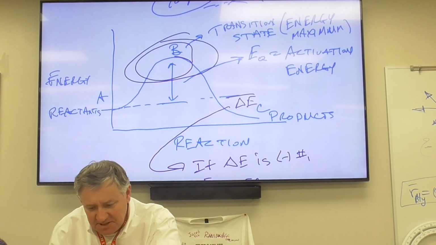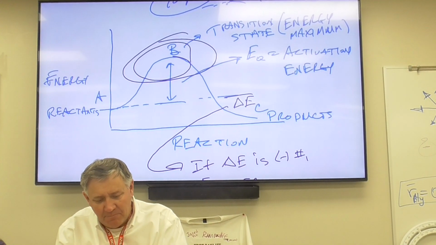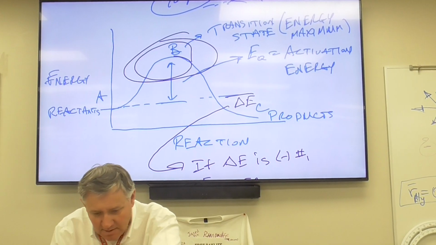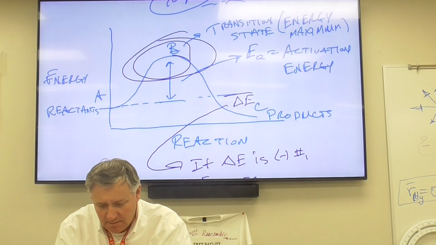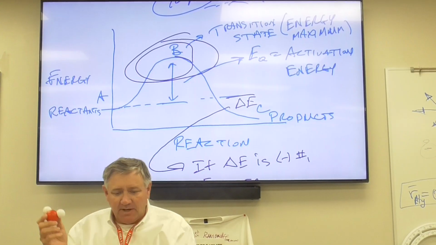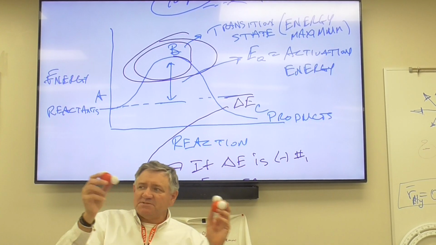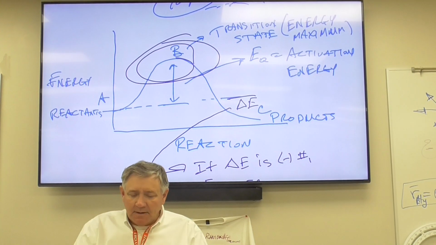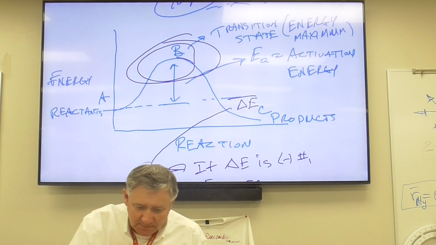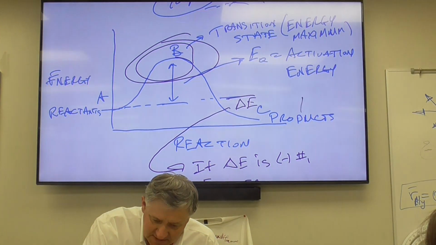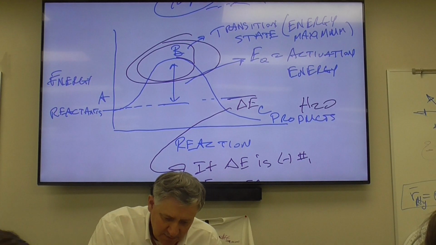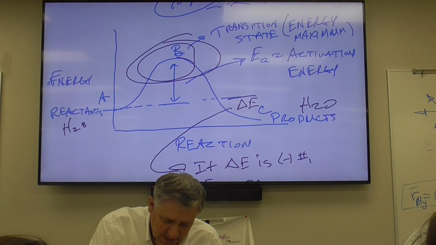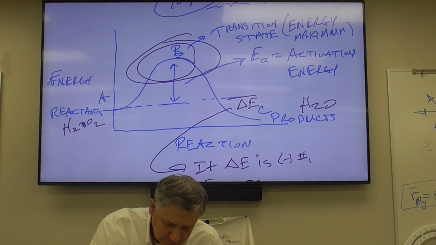So the oxygen bonds with the hydrogen, and we get Mickey Mouse, okay? So we went from separate molecules into water. In this situation, the products, in this case water, and there's the reactants, hydrogen and oxygen, okay?